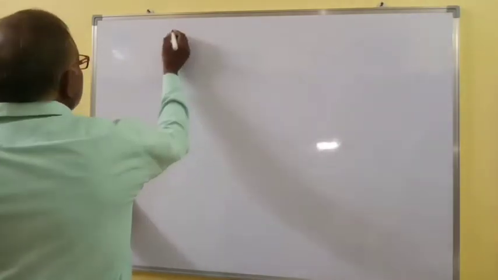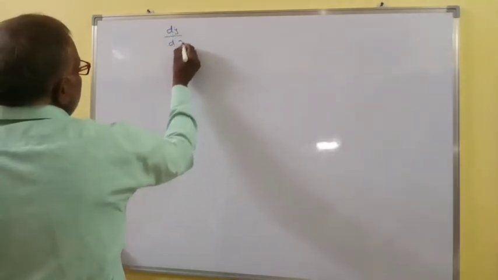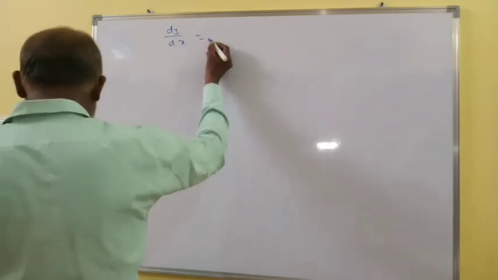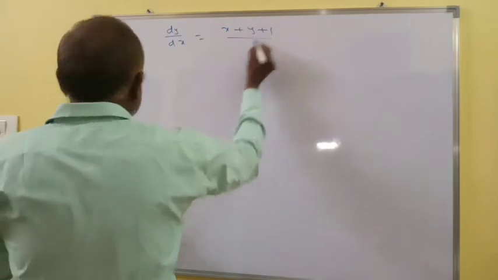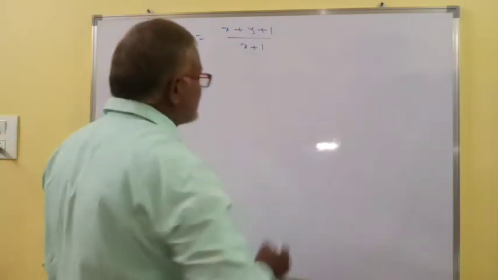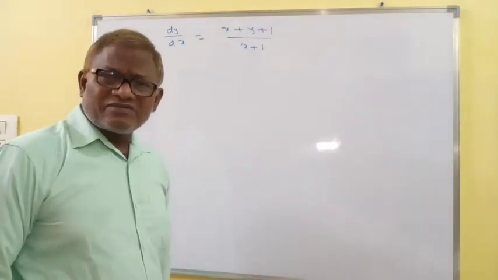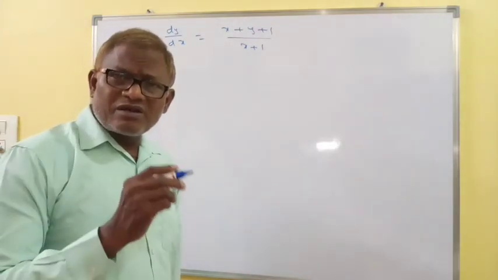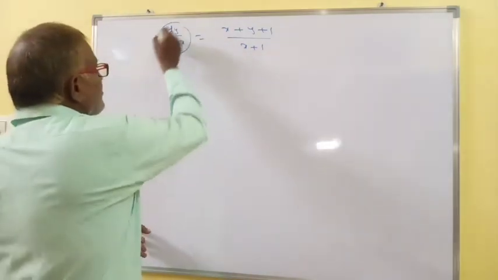Next problem. dy by dx is equal to x plus y plus 1 whole divided by x plus 1. So clearly here dy by dx is there.